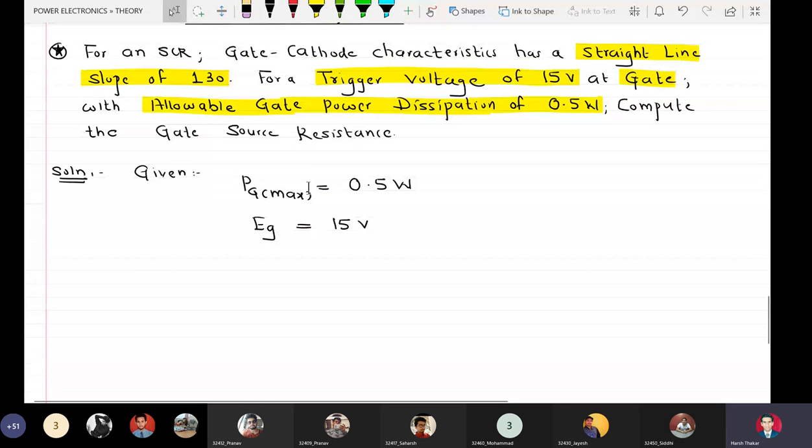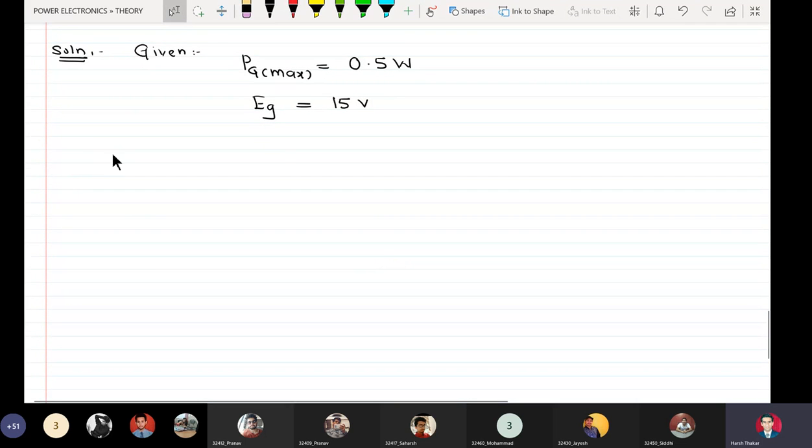Now for understanding what this slope 130 is and what significance it has, we have to draw two things. We have to draw the gate characteristics, and we have to also draw the gate circuit. So first thing is the gate characteristics.